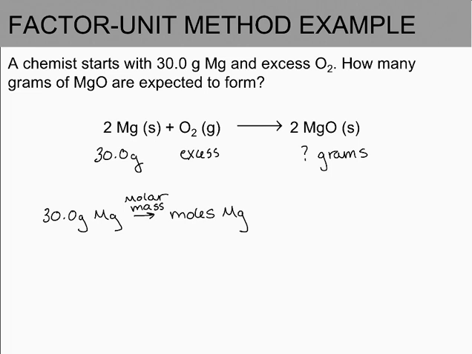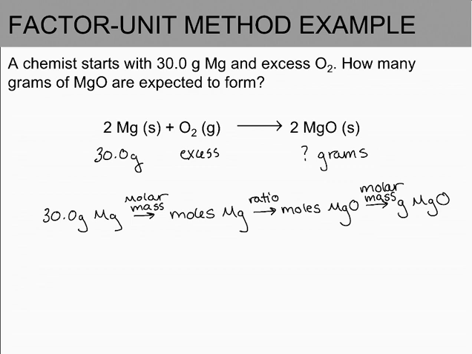In the second step, we're going to convert moles of magnesium to moles of our product, magnesium oxide, using the ratio from our balanced equation. And in the last step, we're going to convert moles of magnesium oxide to grams of magnesium oxide, so we'll need the molar mass of magnesium oxide.